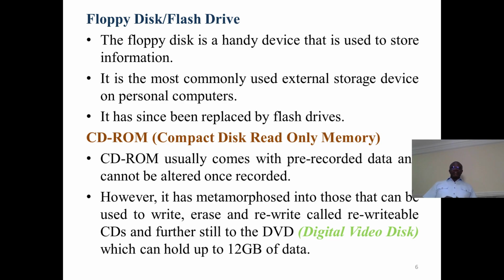However, it has metamorphosed into those that can be used to write, erase, and rewrite, which are known as the rewritable CDs. And further still, it has moved up to the DVD, which is digital video disc, which can hold up to 12 gigabytes of data.